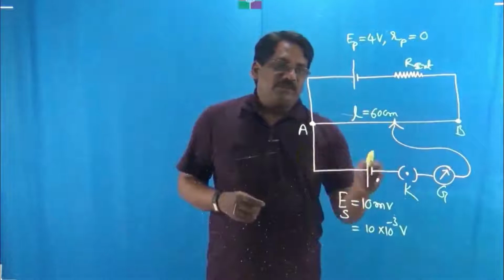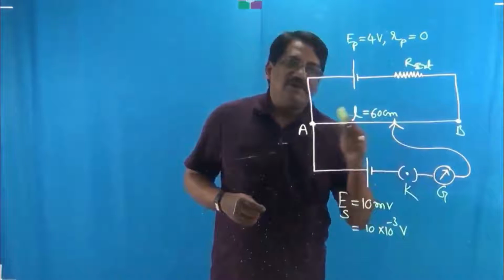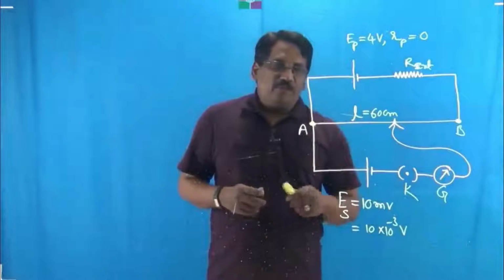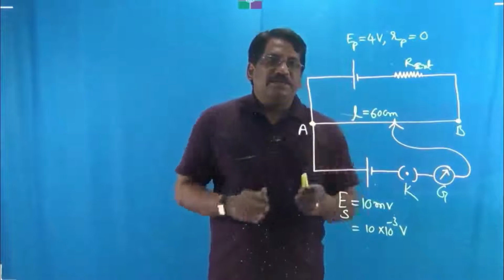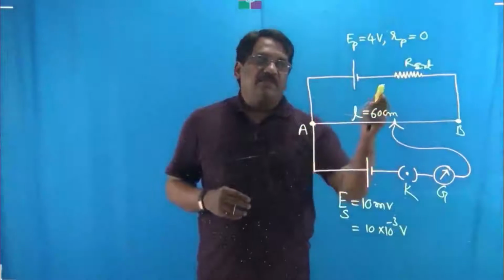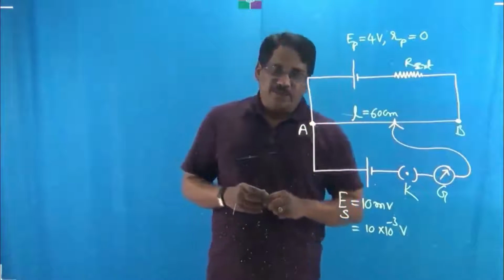So of course, for 60 centimeters, we find the galvanometer to read 0. Now, when such a condition is satisfied, we are supposed to calculate the external resistance that is connected in the primary circuit.